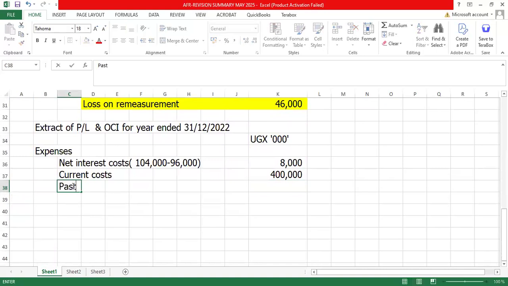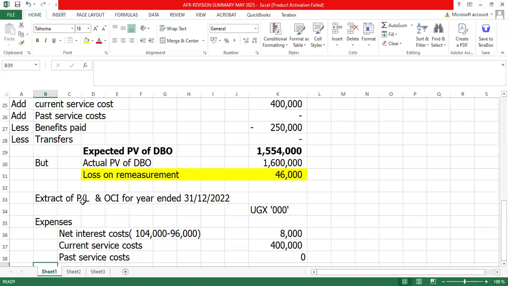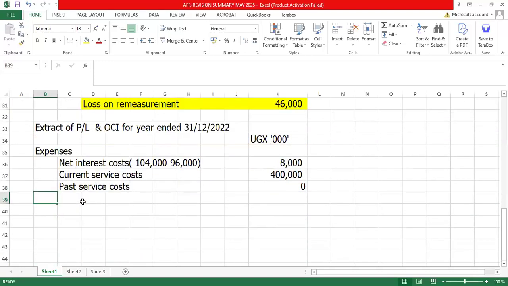But if it is there, you put past service costs. Here it's 0. I believe those are the only items that appear in our PL.